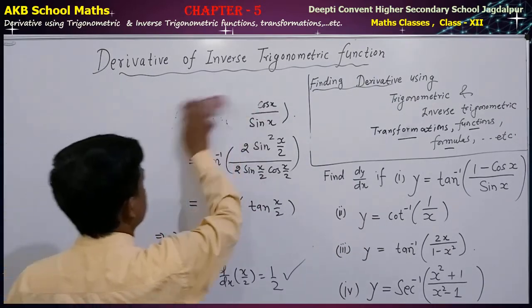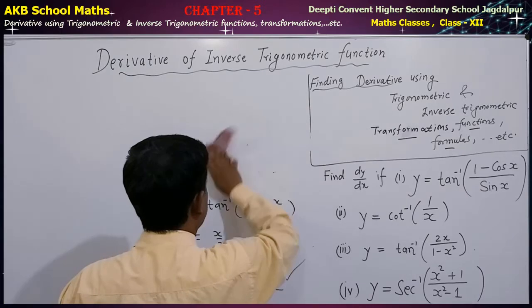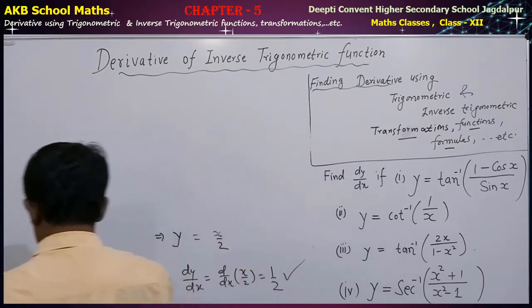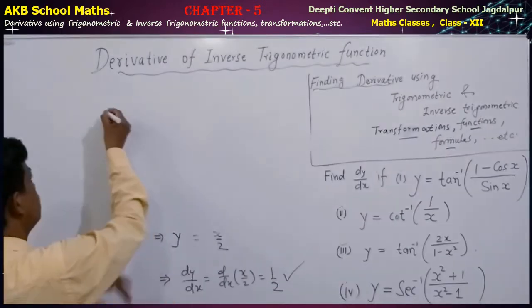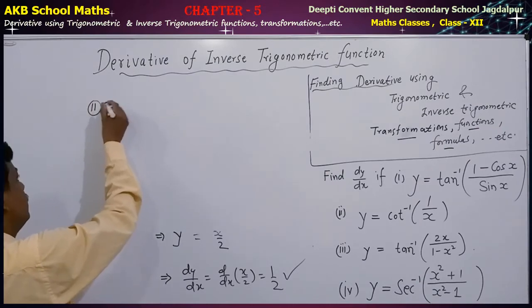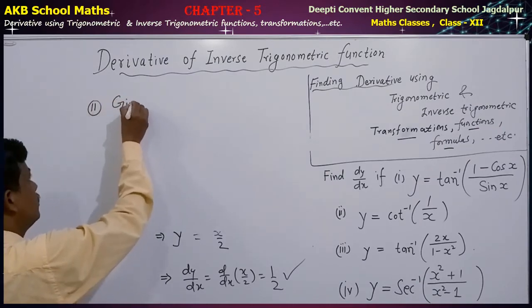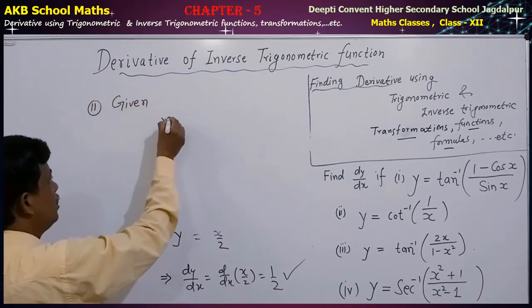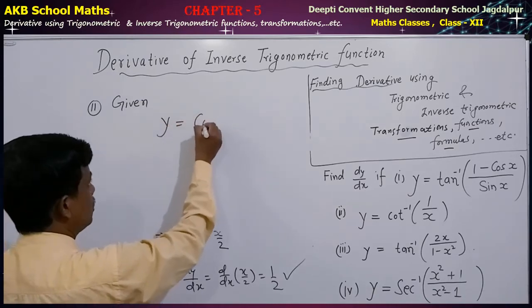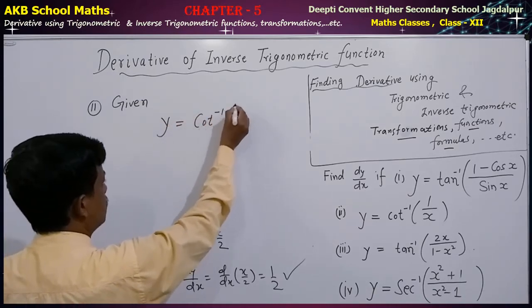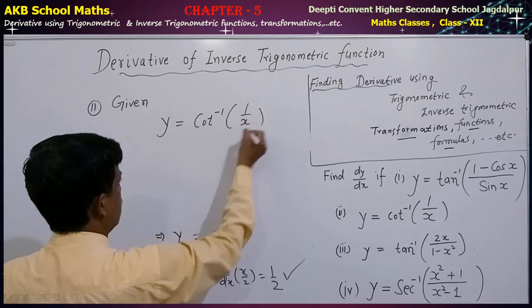Now using the inverse trigonometric derivatives, we have to find the derivative of y for the second question. So take the second question. What is the second question? Given y equals cot inverse of 1 upon x.